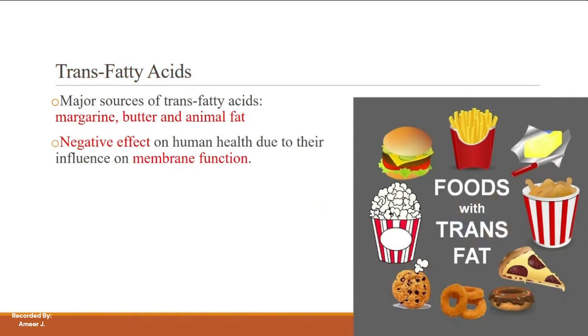But why does this matter to us? Foods can also contain trans fatty acids from bacterial fermentation in the rumen of cows and sheep. A major source of trans fatty acids is margarine, butter, and animal fat. Membrane function depends on the three-dimensional configuration of membrane fatty acids found in phospholipids, and trans fatty acids have a negative effect on human health due to their influence on membrane function.